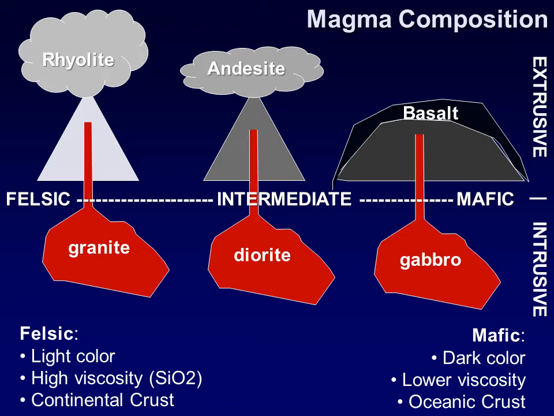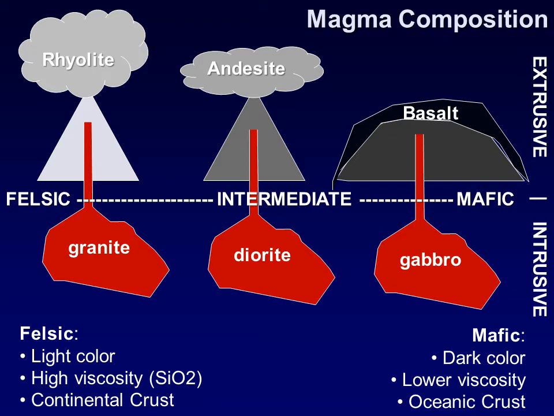Okay, and I've split this into extrusive rocks, which are rocks that are erupted onto the surface, and intrusive rocks, which are rocks that solidify at depth. Okay, so we're going to start off on the left with felsic. Felsic is characterized by being light colored.